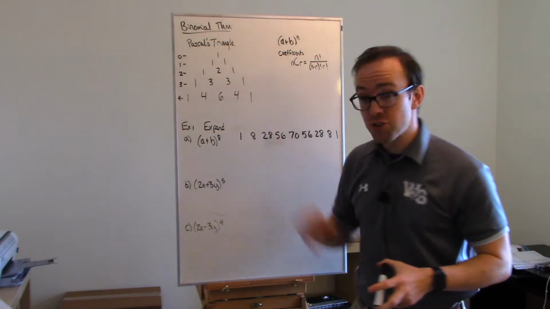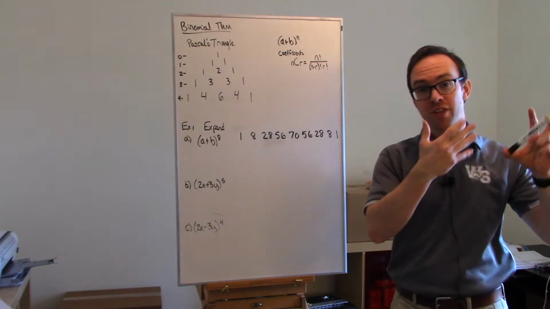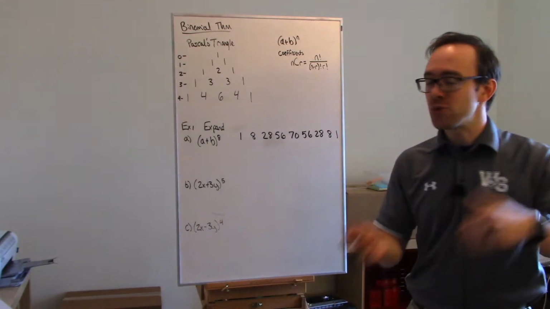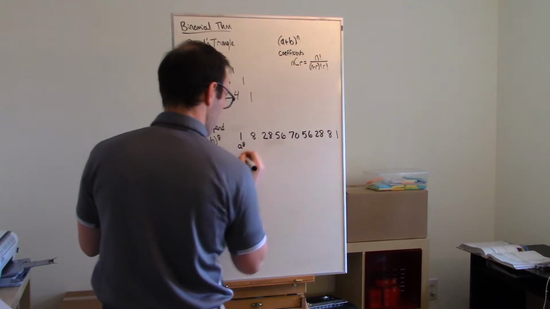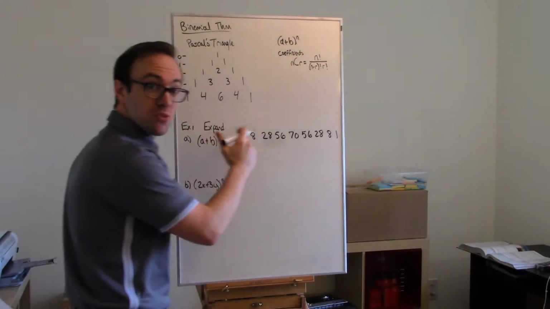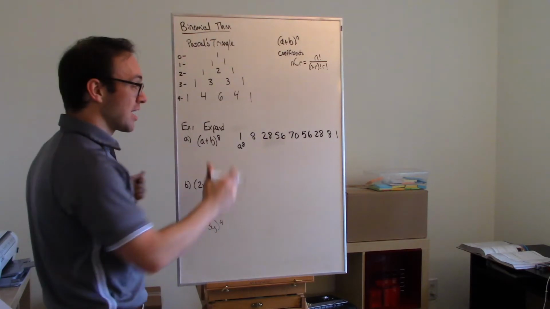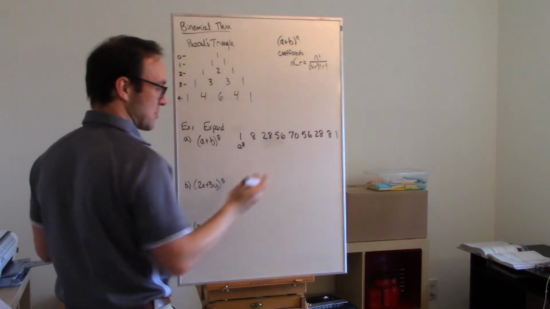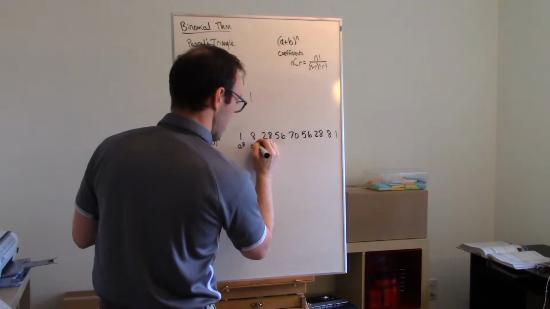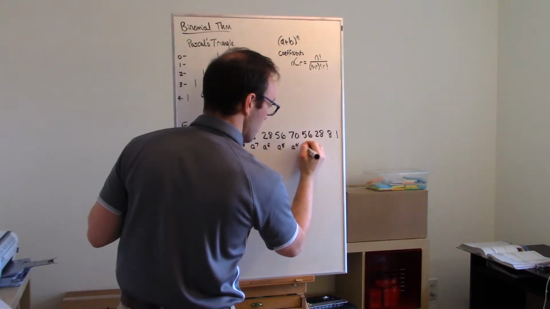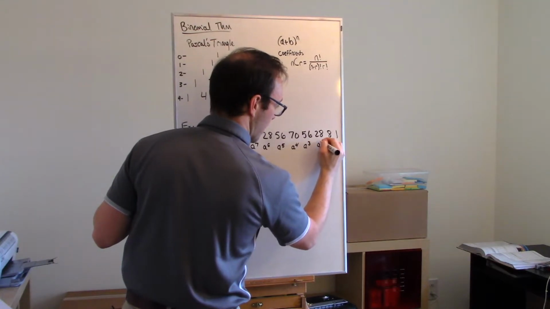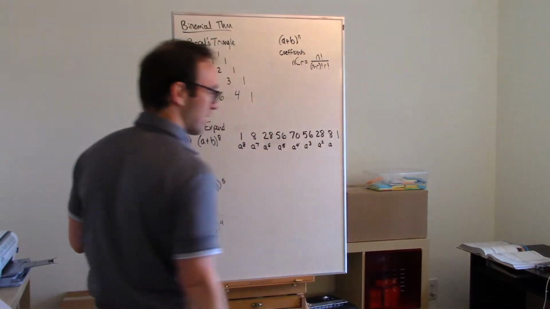Then you would take the first term to the power that you have, so a to the 8th, and then you would go down 1 in your exponent as you write it underneath each one of these numbers: a^7, a^6, a^5, a^4, a^3, a^2, and a.